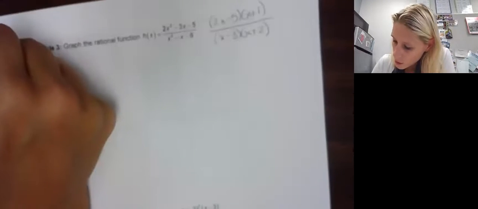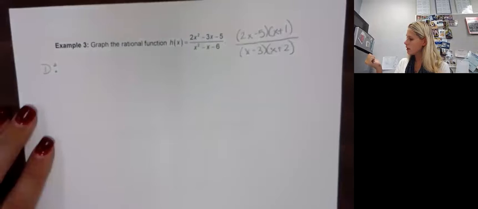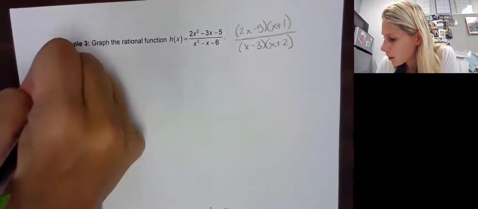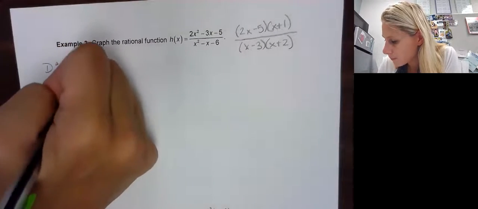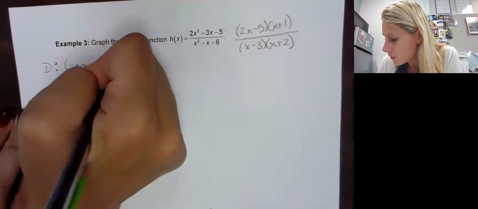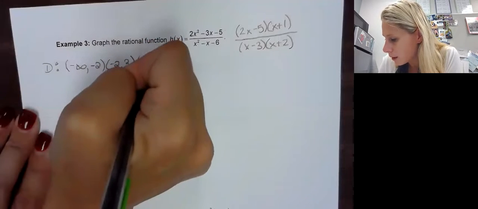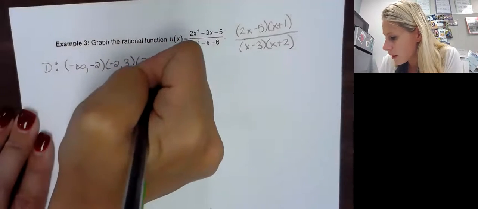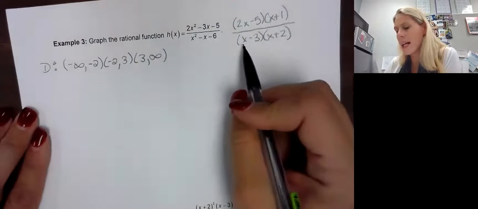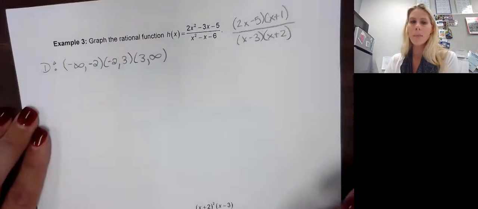Okay, so domain, remember domain, we look at our denominator. So we know that we're going from negative infinity to negative 2, negative 2 to 3, and 3 to infinity. If that was too fast and you're wondering where I'm getting those numbers, well, I asked myself, what can't x be? X can't be 3 and x can't be negative 2.